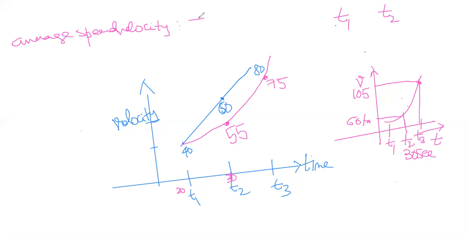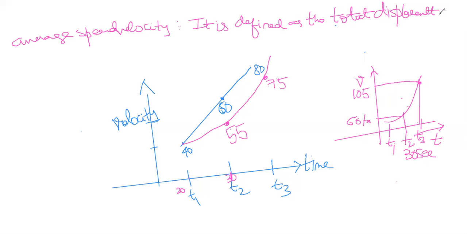It is defined as the total, total means not total, but only total between these 2 points, total distance covered between those times. Understood? Total displacement or distance, in bracket I'm writing distance.